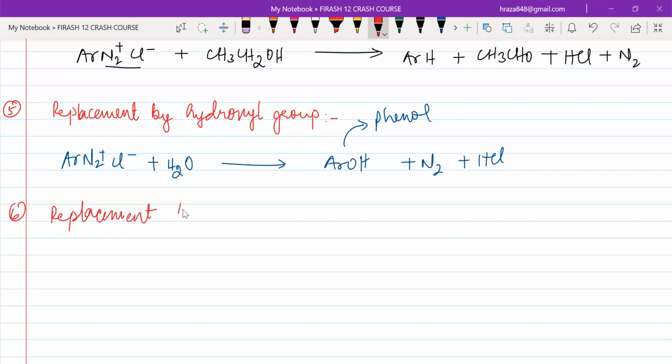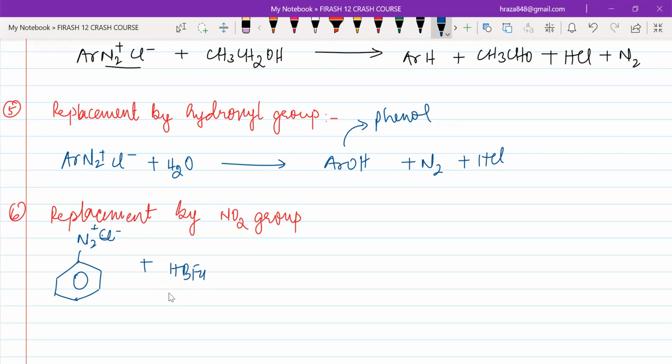by NO2 group. So if you have this N2 plus Cl minus, you need to react it with HBF4, which is fluoroboric acid.